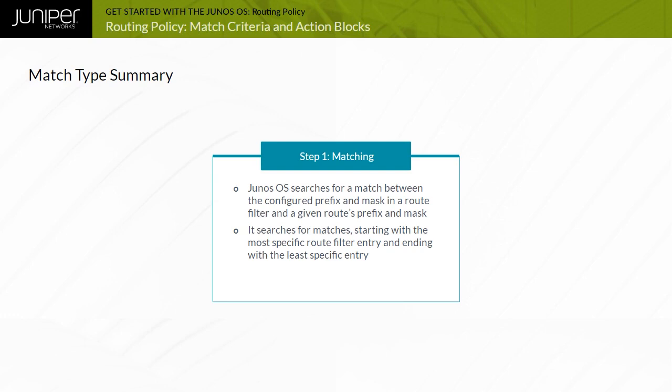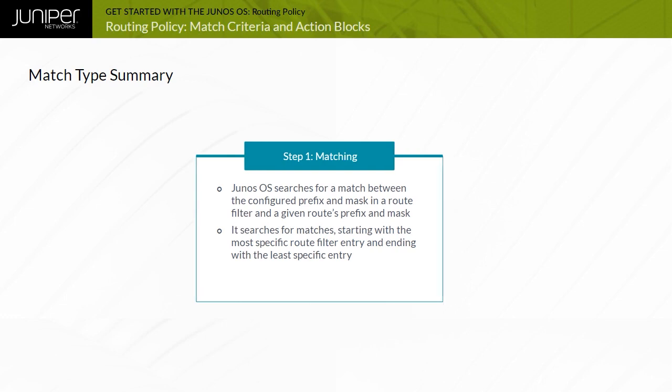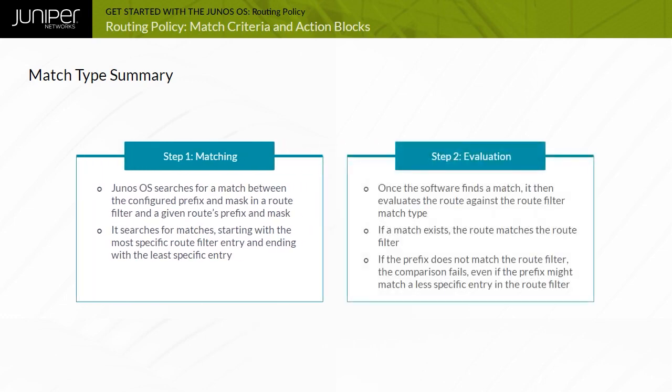It searches for matches, starting with the most specific route filter entry and ending with the least specific entry. Once the software finds a match, it then evaluates the route against the route filter match type. If a match exists, the route matches the route filter. If the prefix does not match the route filter, the comparison fails, even if the prefix might match a less specific entry in the route filter.